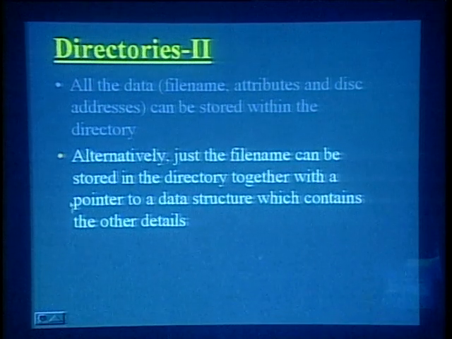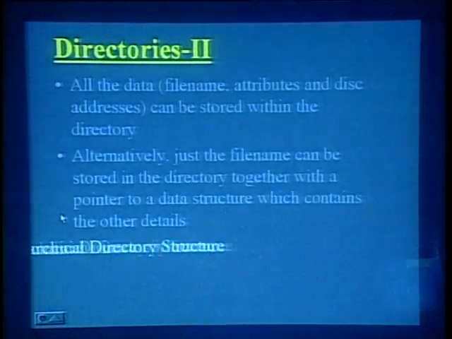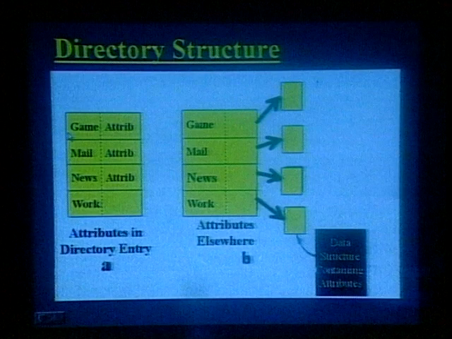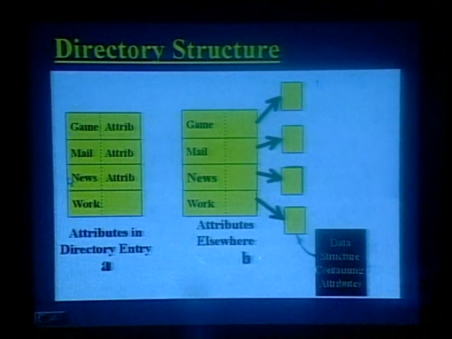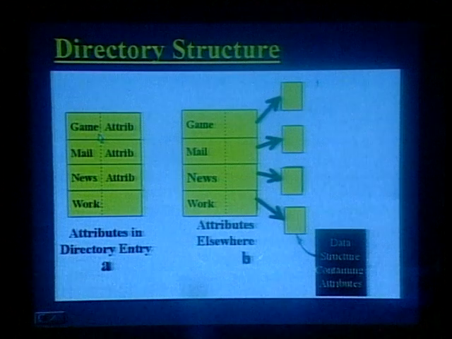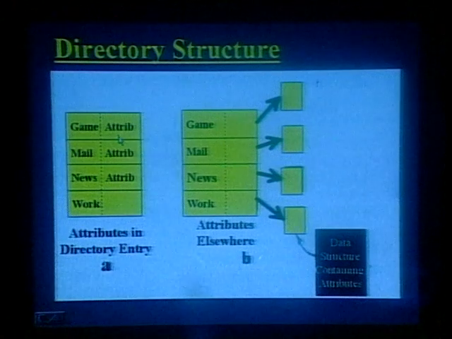I would like to describe that with the help of a diagram. In this diagram we see two different structures. In the first structure we have the directories games, mail, news, and work, and all the attributes of the directory entry are also within the directory. The attributes of the games directory are contained within the directory.